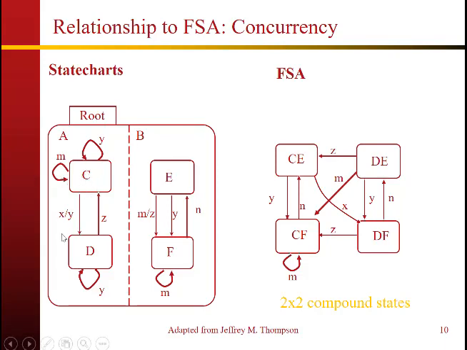A single event X will cause C to transition to D, but that'll generate a Y transition, which only appears in here. And if you're in state E, now you would be down to one option there to transition.